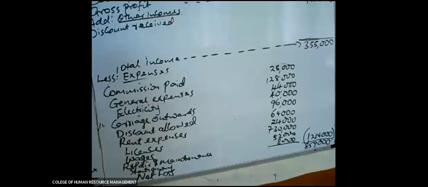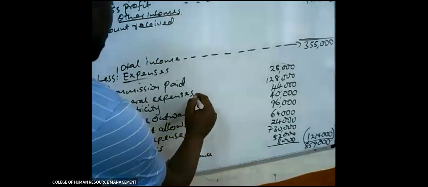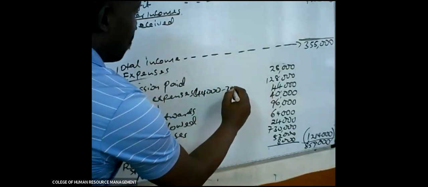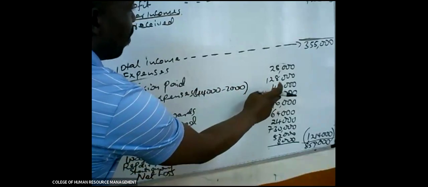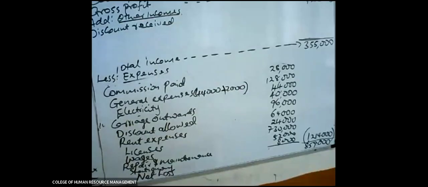We said all the prepayments we need to deduct, and for the accruals we add. So we could have come here, the figure was 128,000, and we minus the prepayment of 2,000. Prepayment we deduct. If it was accrual, we would have added. So that is how we treat it.